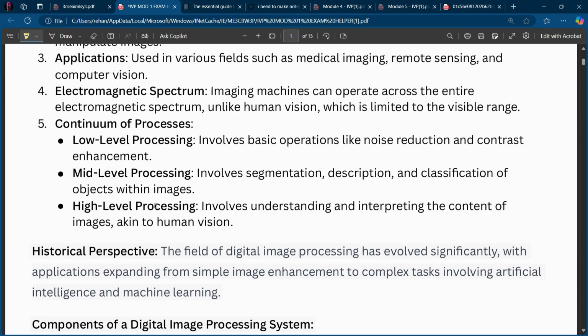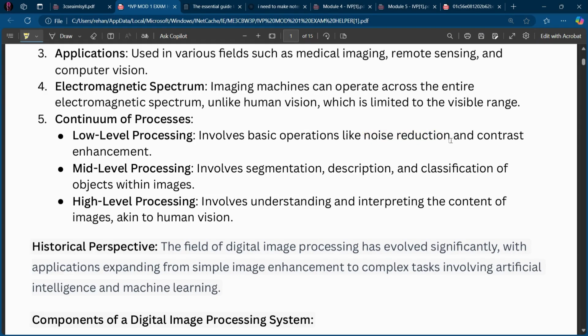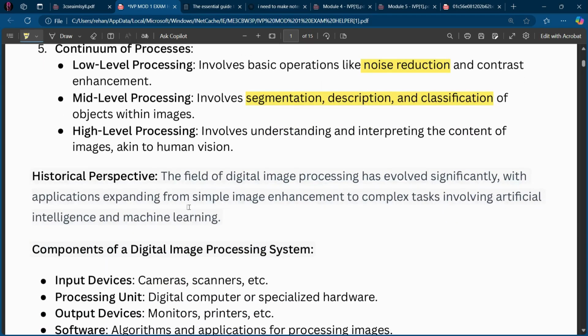Mid level involves segmentation, description, and classification. Segmentation is for analyzing the image properly, so we divide it into parts so that we can identify the objects. High level processing is understanding and interpreting the content of the images, akin to human vision. Usually this is used in all the AI models.